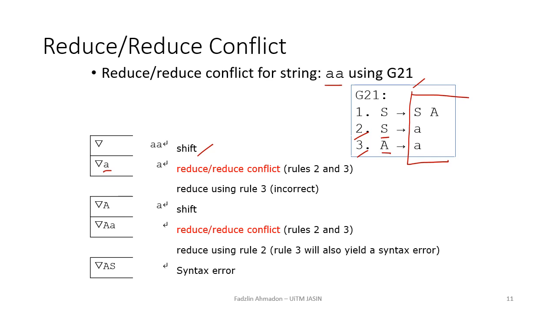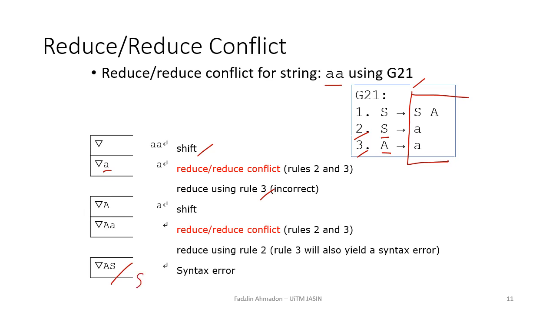So if the parser chose rule 3, it will be incorrect, since at the end, the symbols that are left on top of our stack are 2 symbols and not only a single non-terminal symbol est.